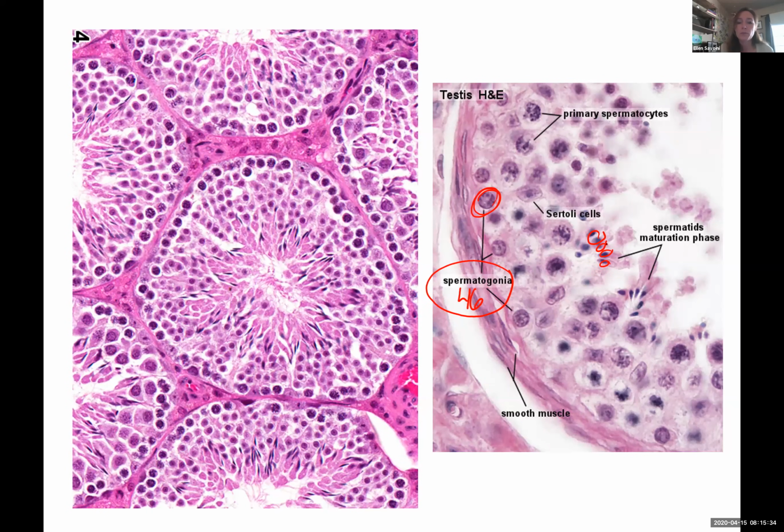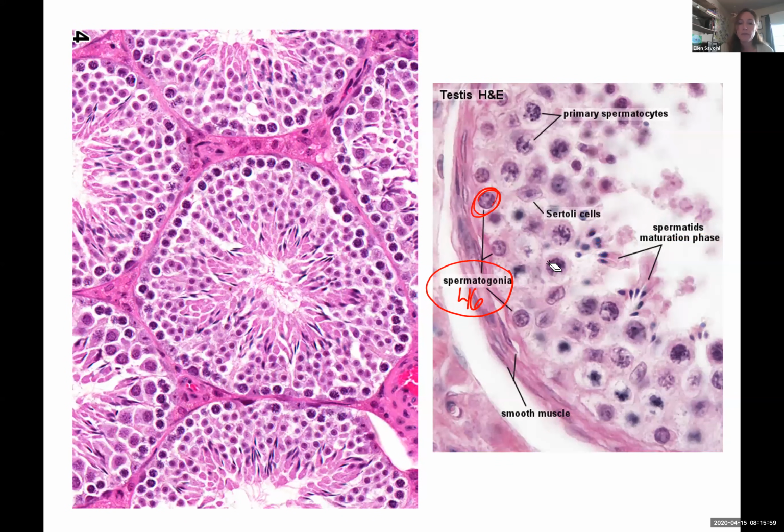You start with a spermatogonia at 46 chromosomes, but you end up with a spermatid or spermatozoa with 23 chromosomes. Ultimately, the 23 chromosomes from a sperm combine with the 23 chromosomes in an egg, and then you're back to a complete set of 46.